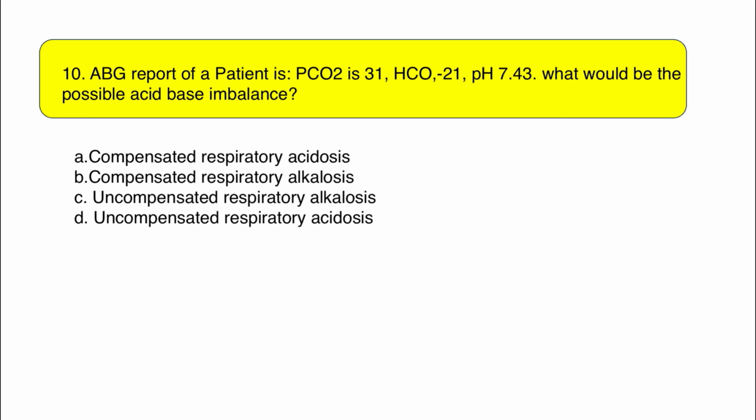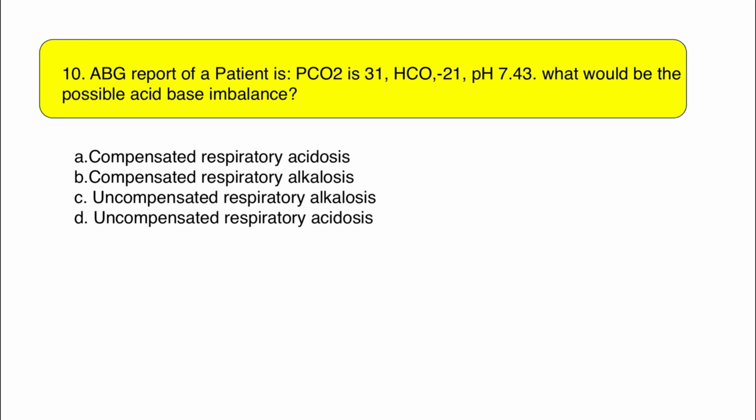Question number 10. ABG report of a patient is PCO2 is 31, bicarbonate is 21. No, it's a printing mistake. Bicarbonate is 21. pH is 7.43. What would be the possible acid base imbalance?